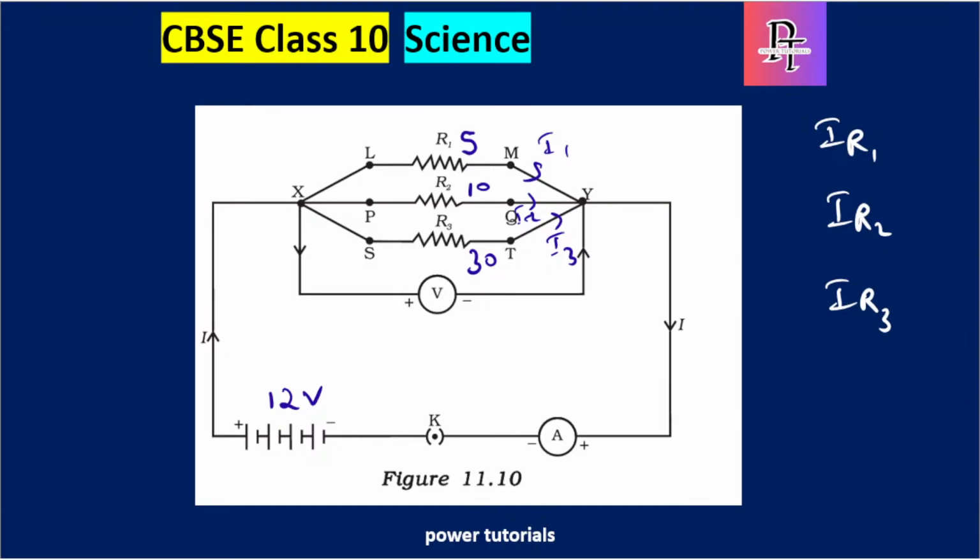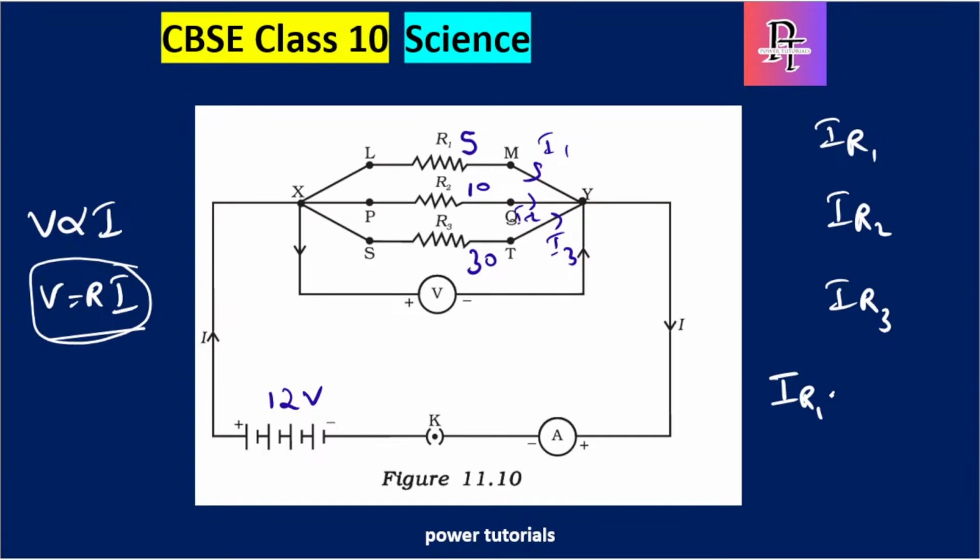Ohm's law, which I have explained, says V is proportional to I, which is V equals IR. Using this formula I am going to find the current passing through these 3 elements. IR1 is equal to voltage 12 by resistance R1, which is 5.